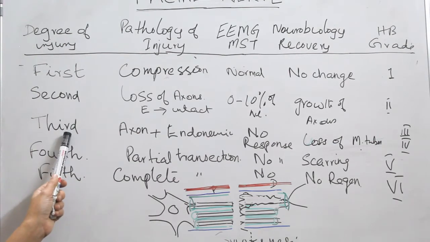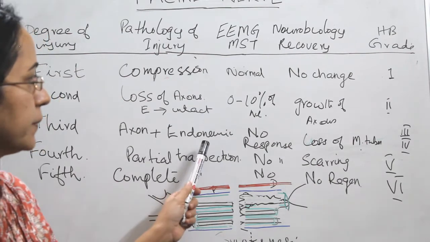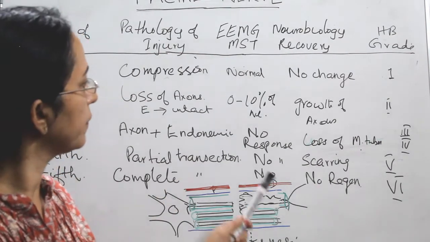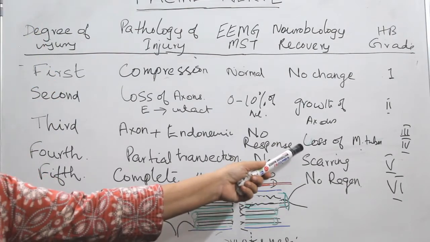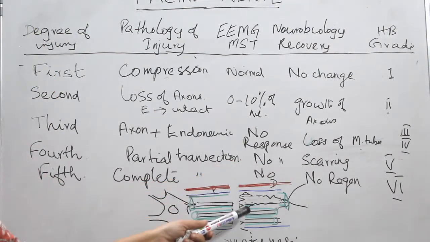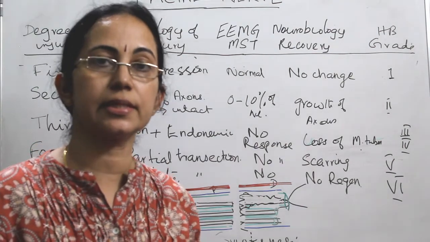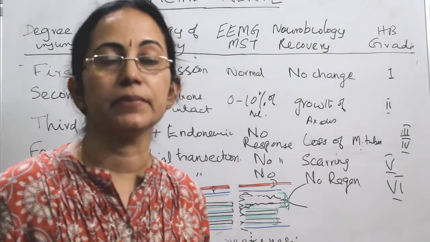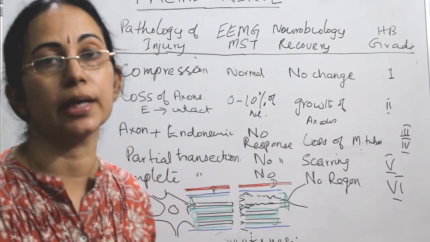And in third degree injury, the axon along with the endoneurium is damaged. So there will be no response to electrophysiological testing, and there is loss of these myelin tubes. On regeneration, there is a chance that they will mix up, and there is also a chance of splitting of the growing end.